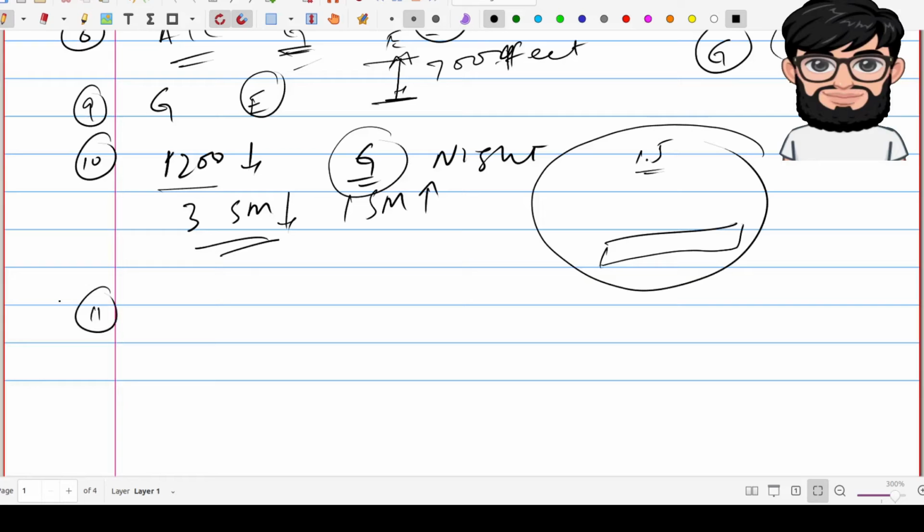Okay, what is the main difference between class Golf airspace and the other ones like Alpha, Bravo, Charlie, Delta, and Echo? The main difference is the flight visibility and the cloud clearance. They all have tougher visibility requirements compared to this one.